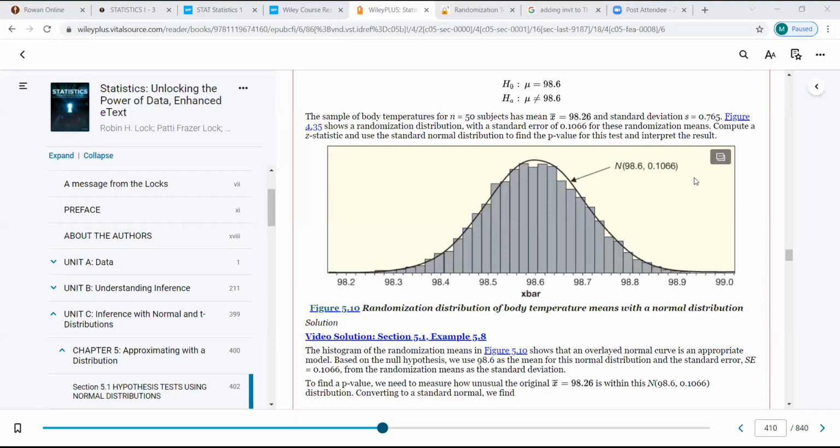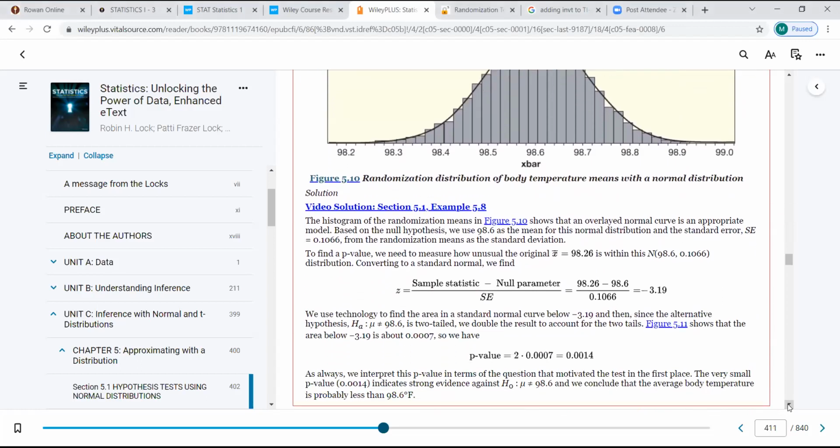All right. Now, the standard error we picked off the chart, according to this, is 0.1066. And notice the mean is 98.6. We're assuming that's the null hypothesis, that the mean is equal to 98.6. We're going to put that in. And we're going to assume a normal curve around this randomization curve. So the mean is 98.6 and the standard deviation is 0.1066. All right, so we read that standard error off the curve.